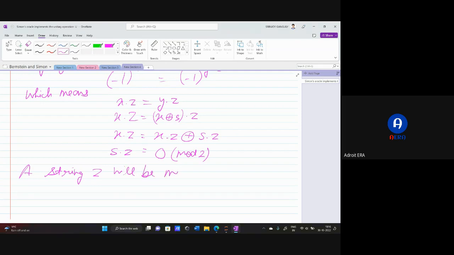will be measured whose inner product with s is equal to 0.